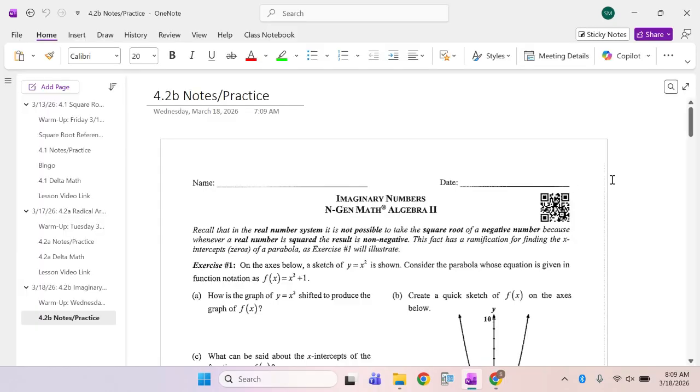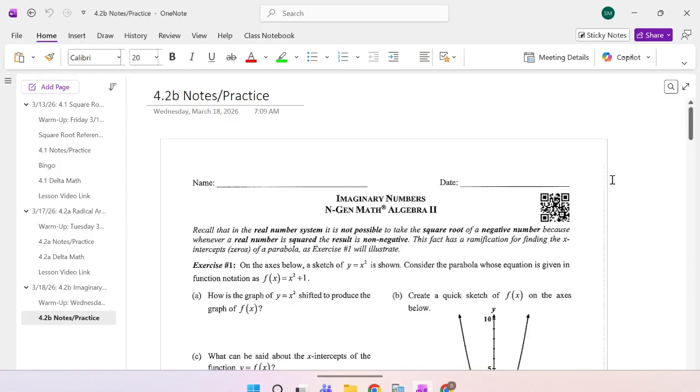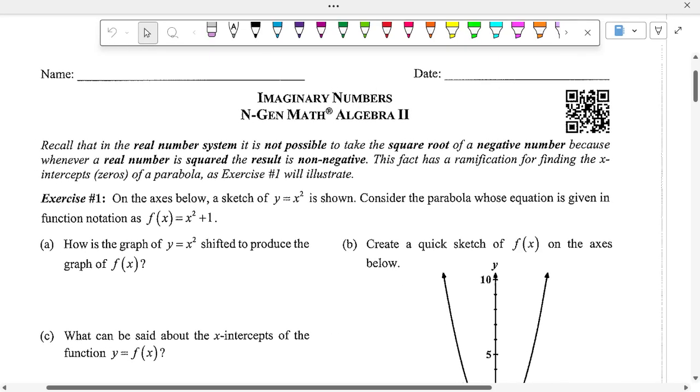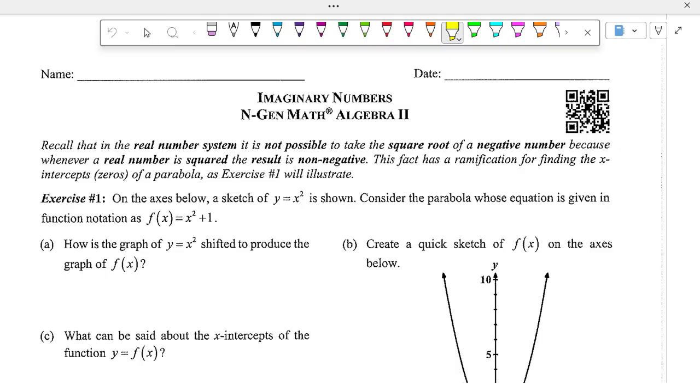Okay. So let's talk about what actually is an imaginary number. As of right now, what you learned, if you took a square root of a negative number, for example, let's say I asked you to put in your calculator the square root of -4.